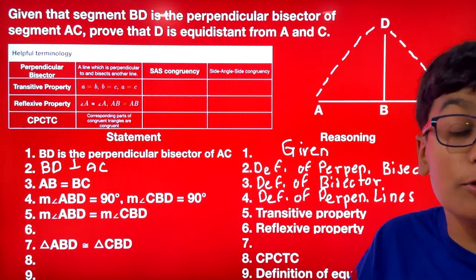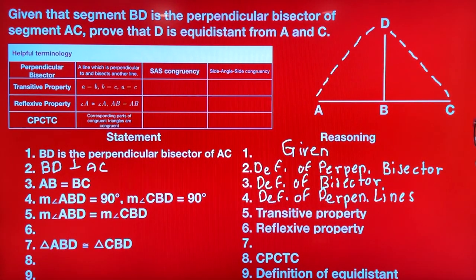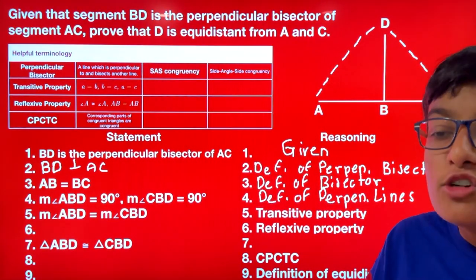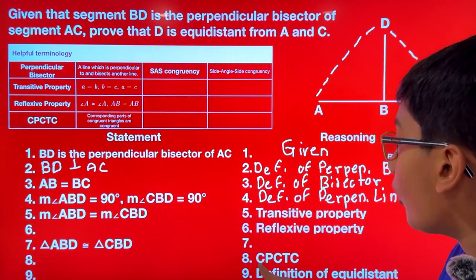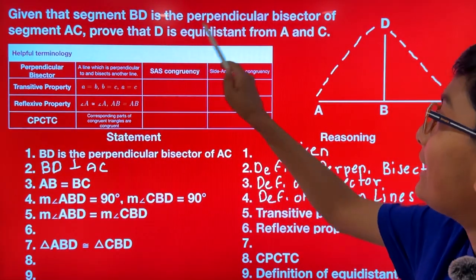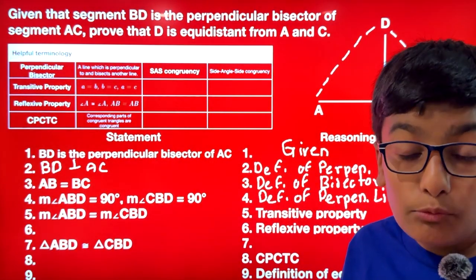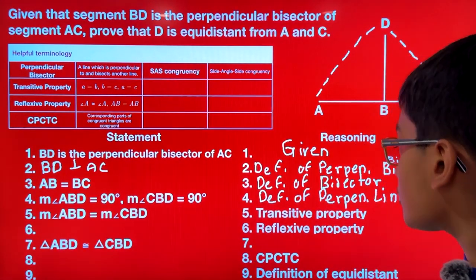They're based off of the statements that come before it. So what we can do is we can reverse engineer, in a sense, from our conclusion that point D would be equidistant from points A and C. We can reverse engineer from that conclusion to find out what these missing statements are.